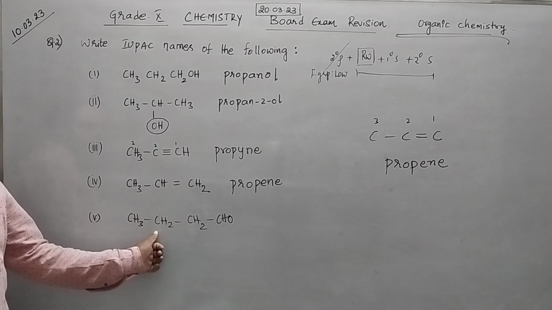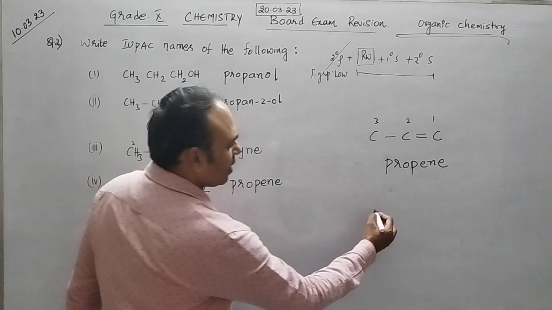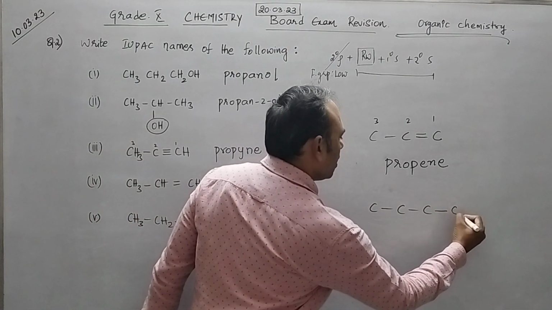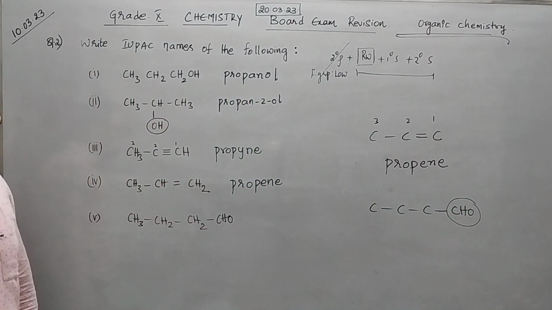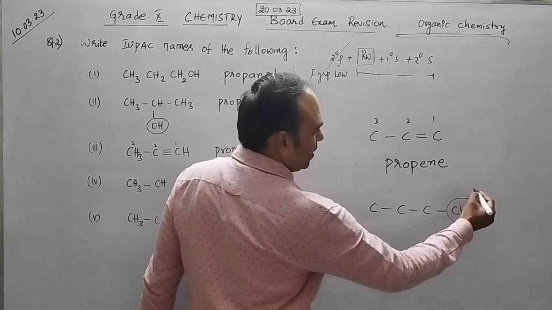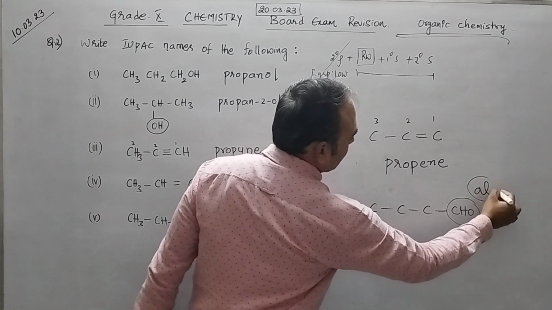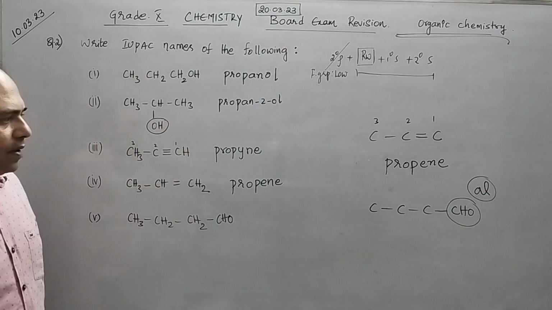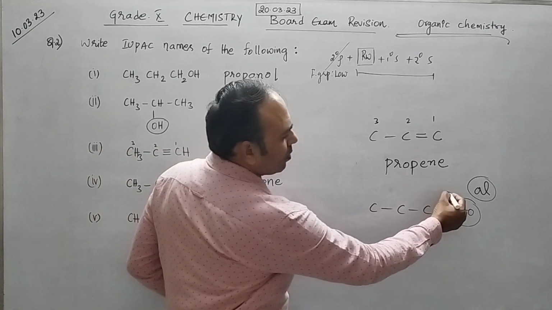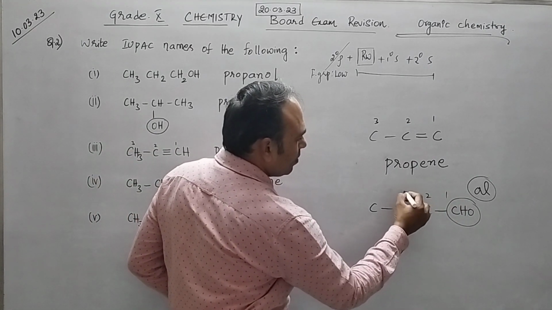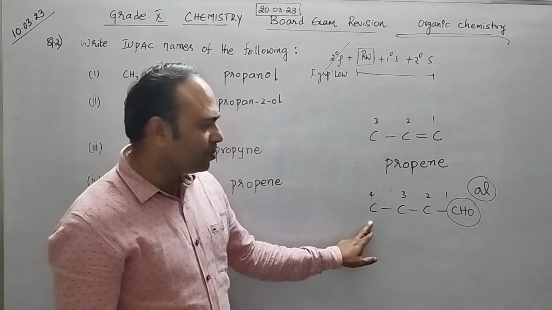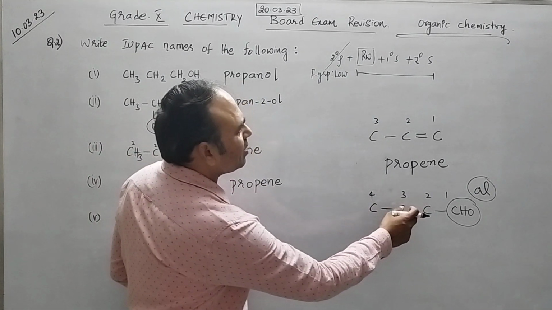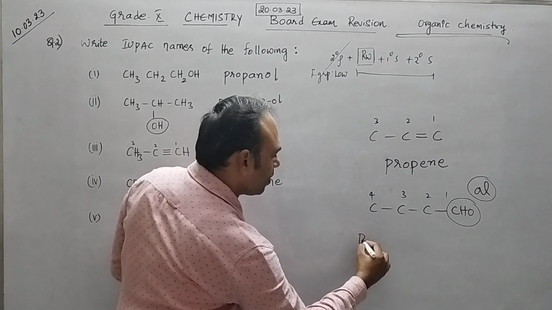Now the last question. 1, 2, 3, 4 carbons are there, and here you have the functional group CHO, which is nothing but aldehyde. And what will be the secondary suffix? Aldehyde is represented as AL. Now for numbering, from the functional group we will give the numbering. This rule we already know, so 1, 2, 3, 4 should be written. Because 4 carbons are there, what is the root word?